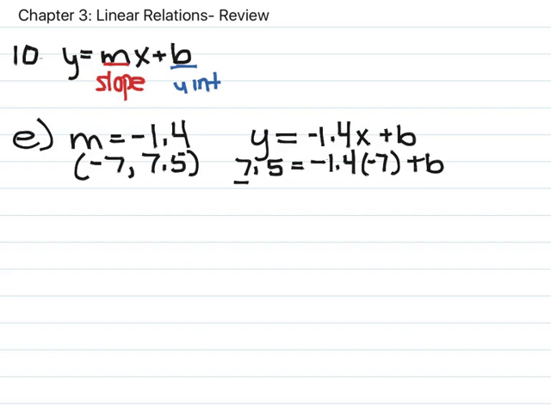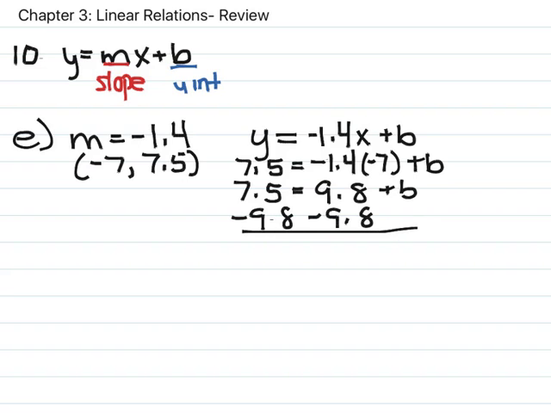And we solve the first part. So negative 1.4 times negative 7 is 9.8 plus b. So we have to subtract 9.8 from both sides, which will leave us with negative 2.3.